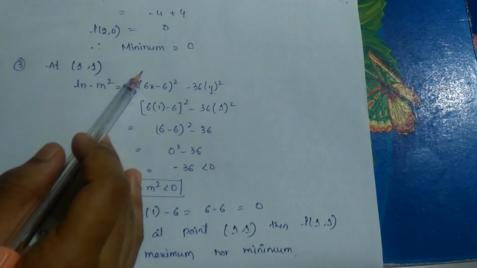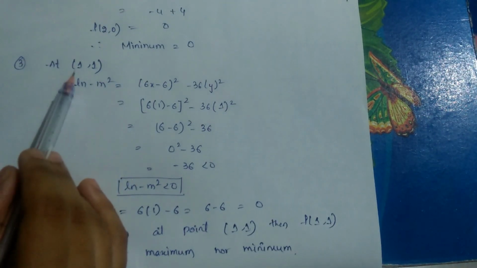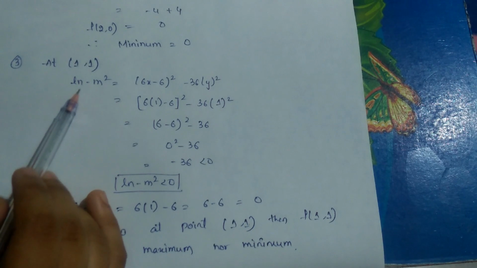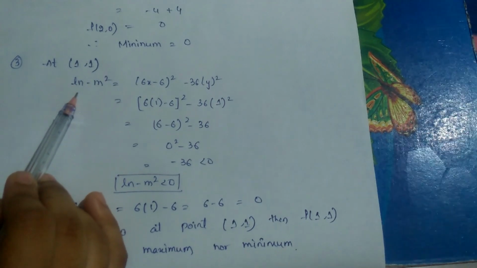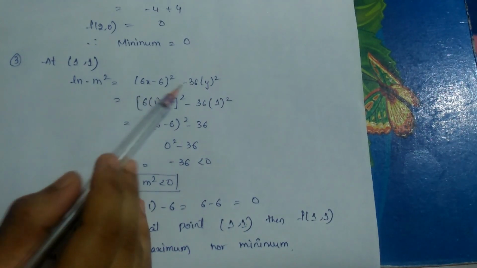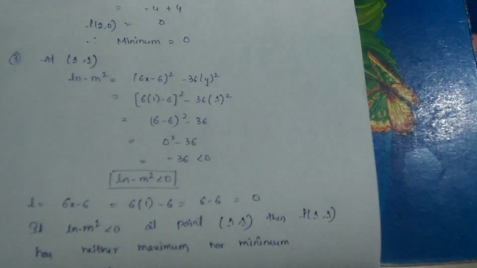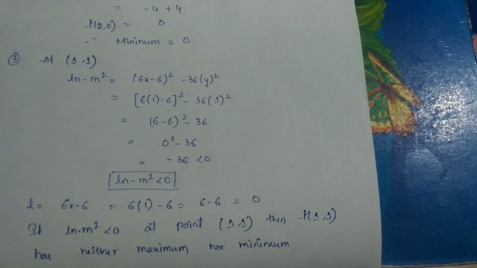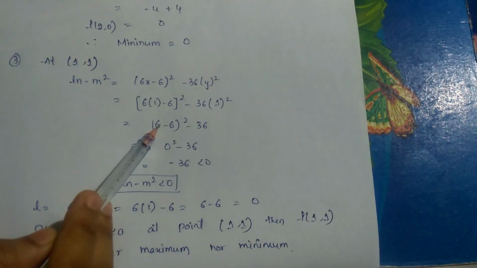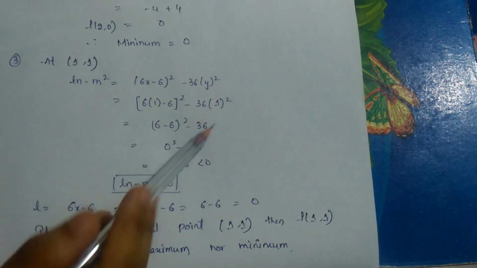Here we go with another stationary point, that is (1, 1). So at (1, 1), ln minus m square equals (6x minus 6) whole square minus 36 of y square, and that equals (6 of 1 minus 6) whole square minus 36 of 1 whole square, and 6 into 1, 6 minus 6 whole square minus 36.